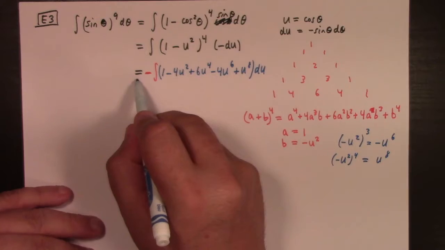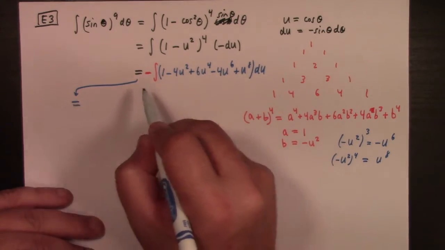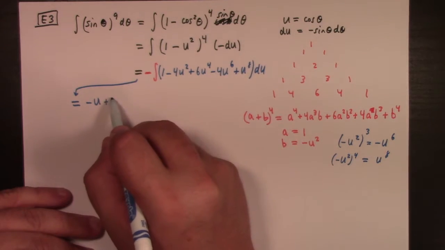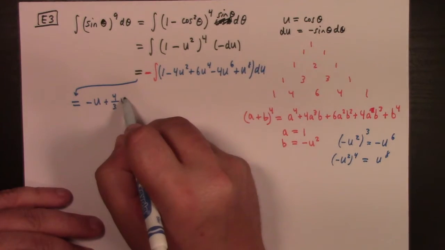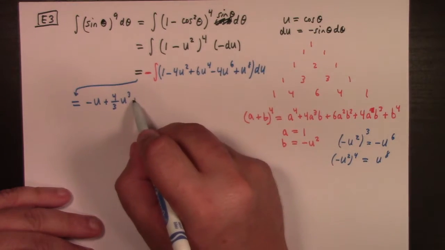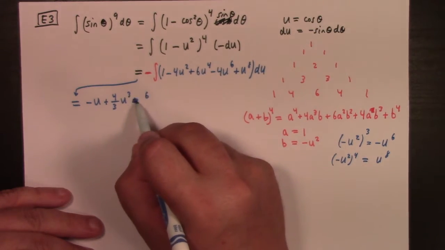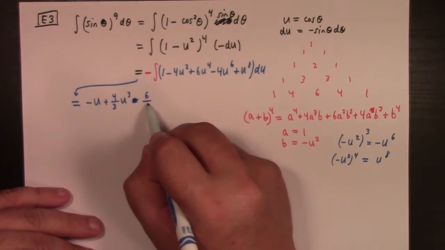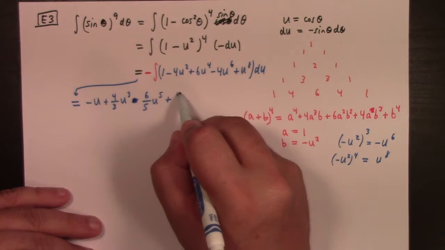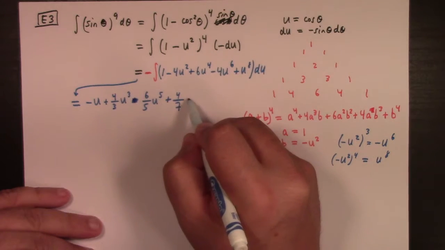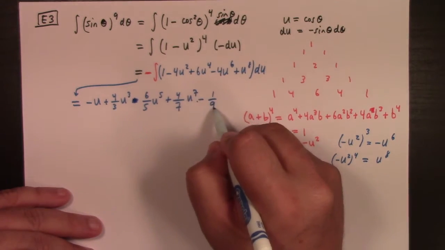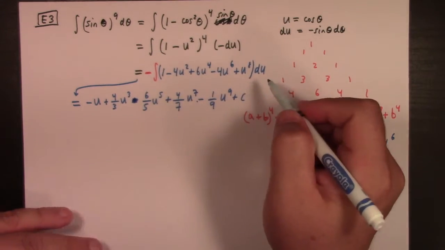du, so that's equal to minus u plus 4/3 u cubed minus 6/5 u to the fifth, minus gives me plus 4/7 u to the seventh, right, minus 1/9 u to the ninth plus a constant.